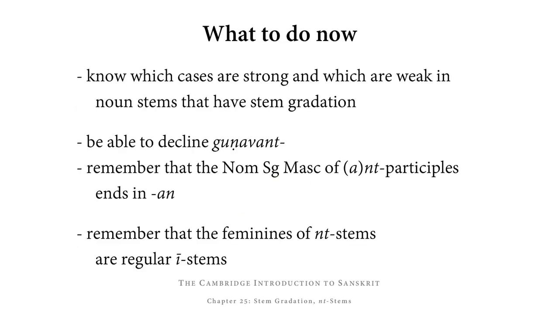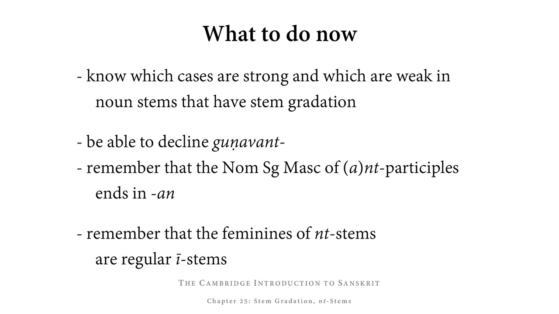This chapter, like many others before it, has introduced you to a rather large number of new details. So just like before, what you need to know is which bits you need to have an active command of, whereas which other bits you just need to be able to recognize when you run into them when reading a Sanskrit text.